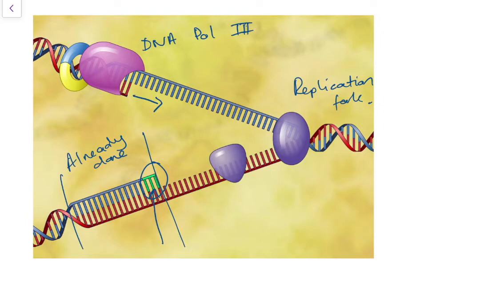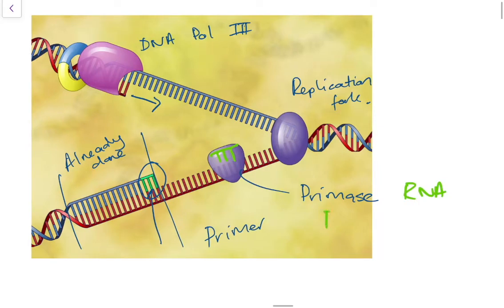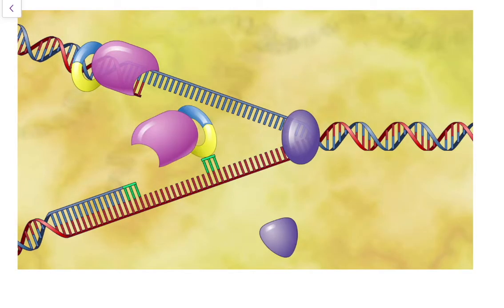We need, as well, on the lagging strand, both leading and lagging strand, we need a primer. So we've got primase coming in here. Primase is coming in, and it's going to add that short section of RNA. So it adds in the RNA primer to make it double-stranded so that DNA polymerase 3 can attach. So we can see now we've got the primer.